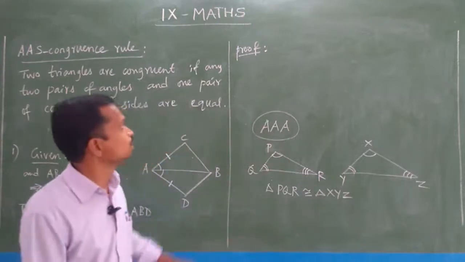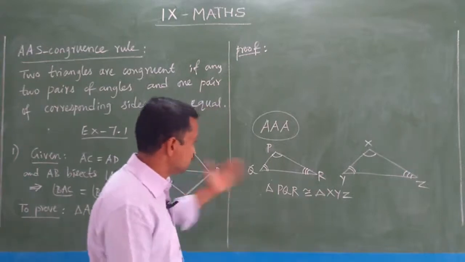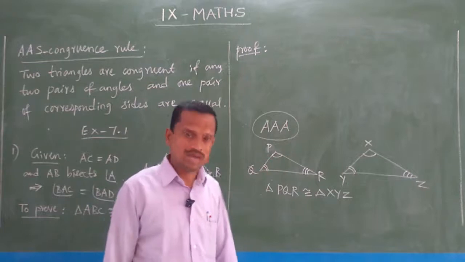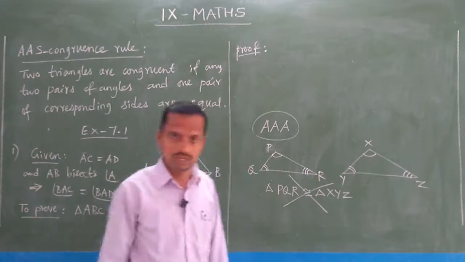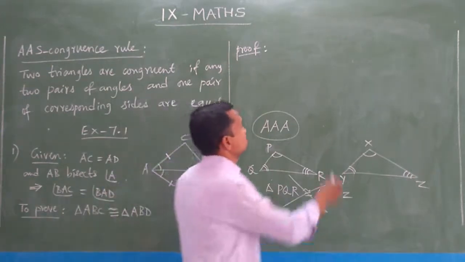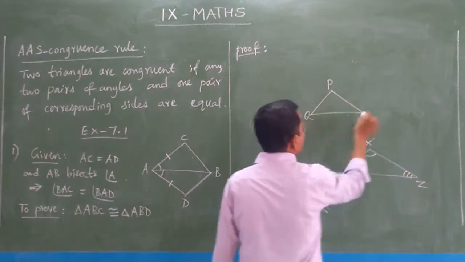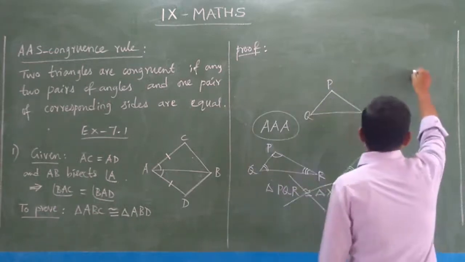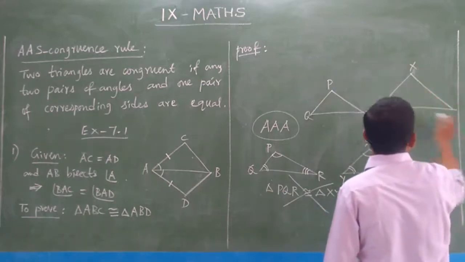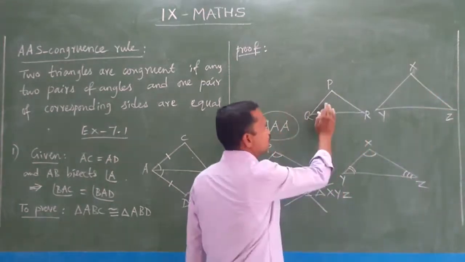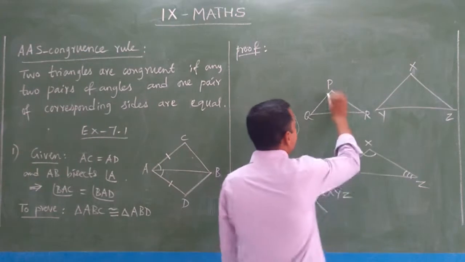This is my question. You see, this is not given as a congruence rule to you. You know why? We cannot say if three pairs of angles are equal, the two triangles are congruent. This is wrong. Is it clear? So why, sir? You see, comparing these two triangles, PQR and XYZ, this is smaller, this is greater. Okay.